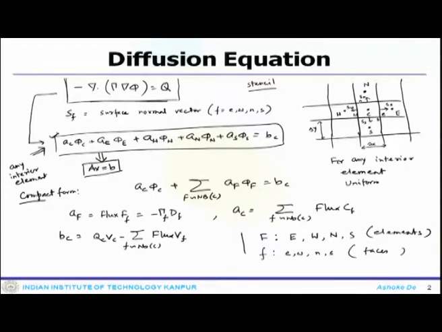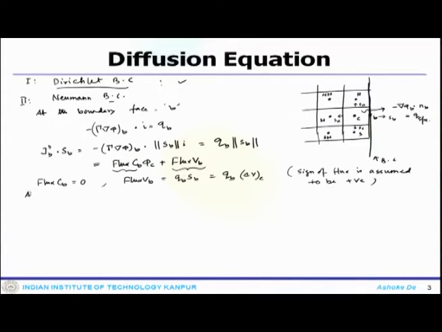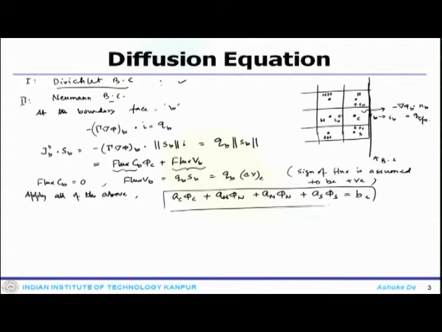So, once you apply all of the above conditions, what we get is A C phi C plus A W phi W plus A N phi N plus A S phi S equals B C. Again, if you look at this particular equation, it looks exactly similar to the condition that we derived for the Dirichlet boundary condition.